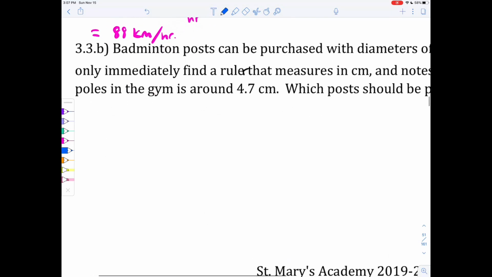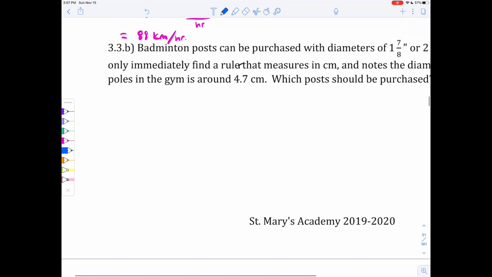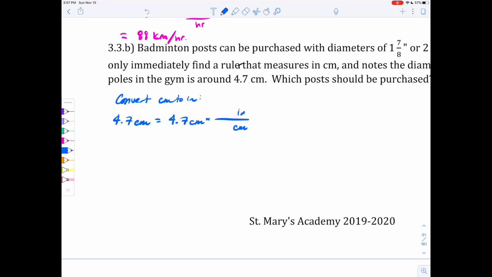Anyways, I'm going to do this by converting 4.7 centimeters to inches. So I've got my 4.7 centimeters. I'm going to say that's the same thing as 4.7 centimeters being multiplied by something to get rid of the centimeters and introduce inches.